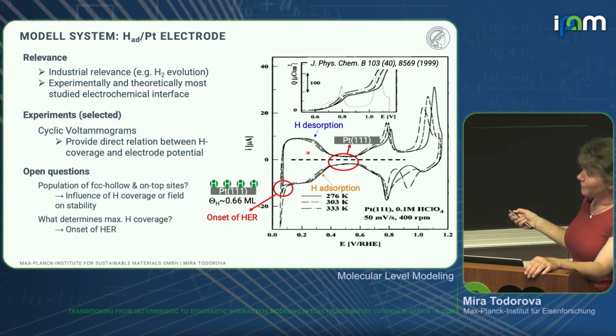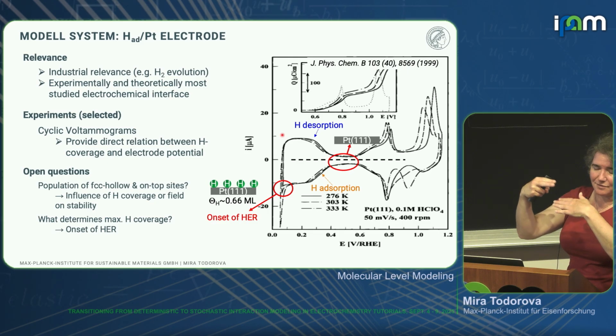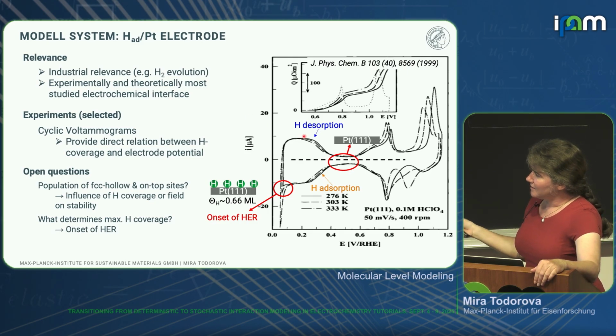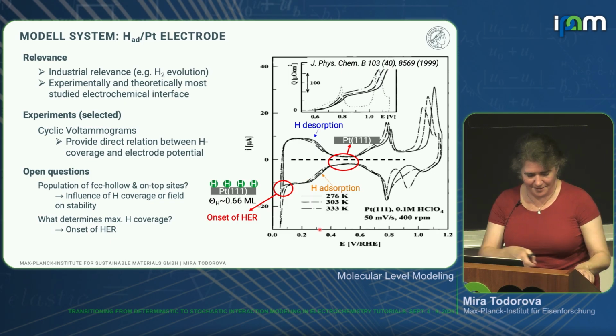Then here is a region where it's kind of getting flat. So this is the region where you don't have any specific adsorption at the surface. And then this is a region where you start to have, this is moving quite a lot. So you have kind of oxidation.